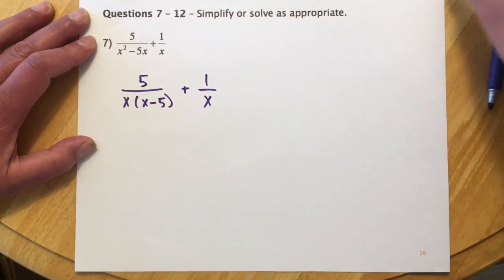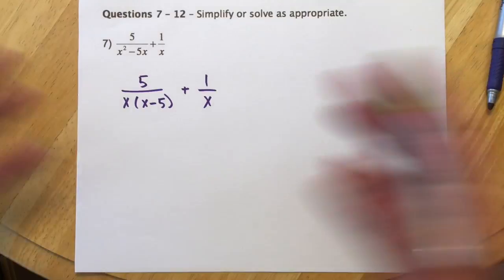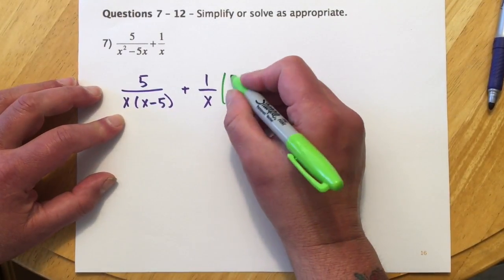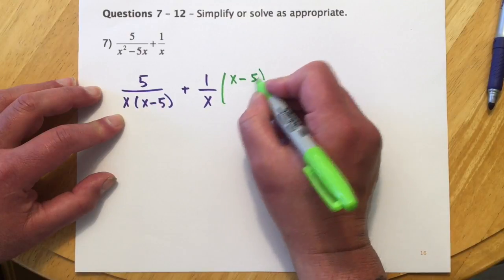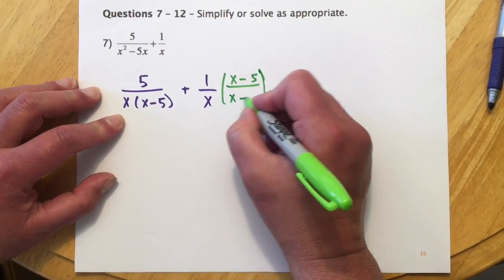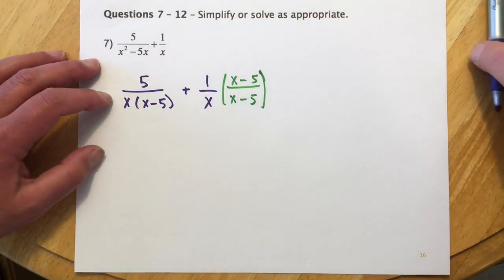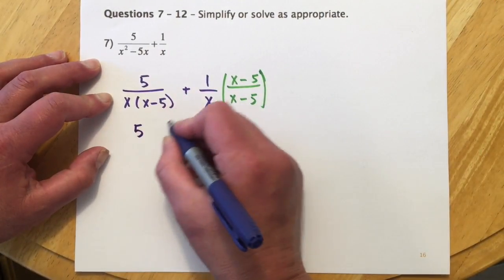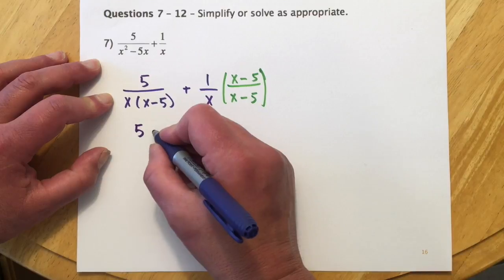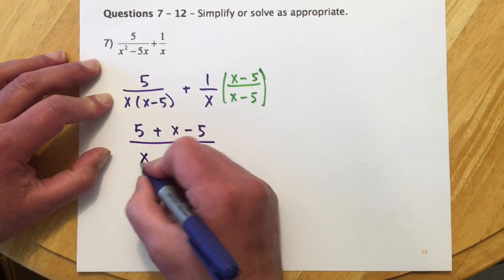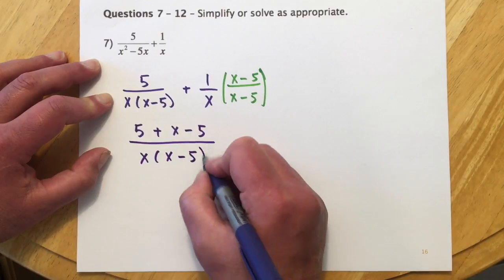And so there's no equals, so that means I need a common denominator so I can add the numerators. That's going to be an x minus 5. So x minus 5, I guess I'll do that, x minus 5. So this is going to be 5, and then 1 times x minus 5 is just going to make x minus 5 over x minus 5.